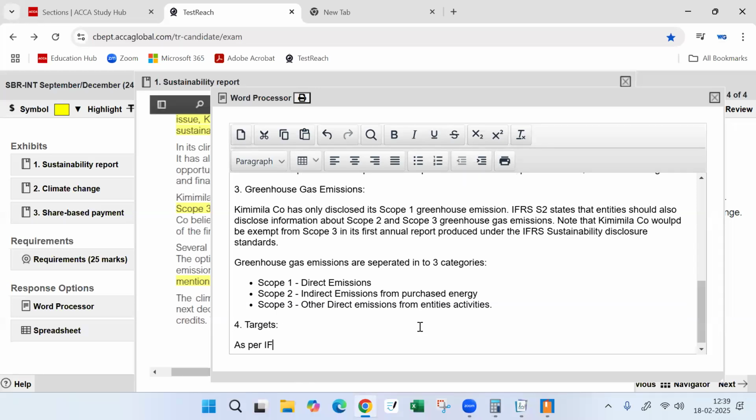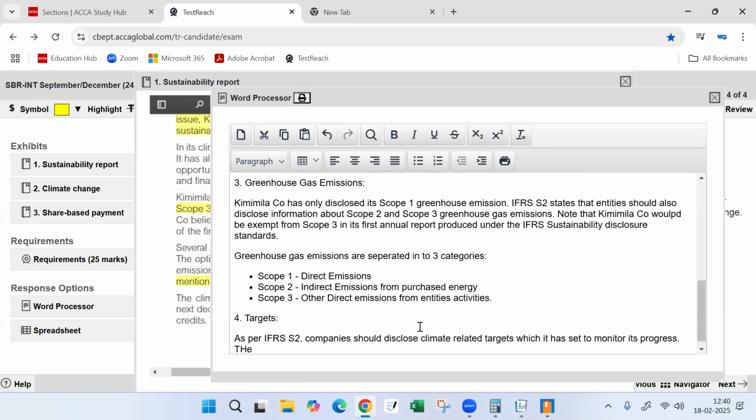As per IFRS S2, companies should disclose climate related targets which they have set to monitor their progress.